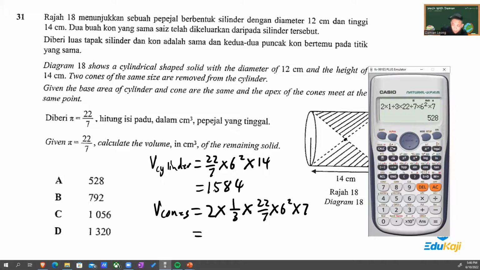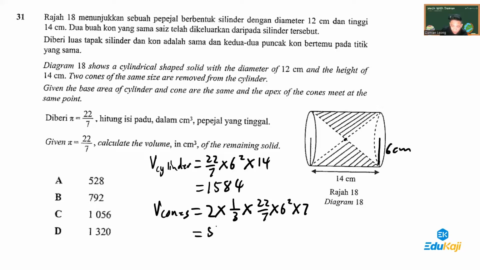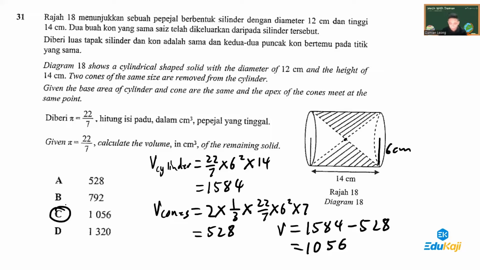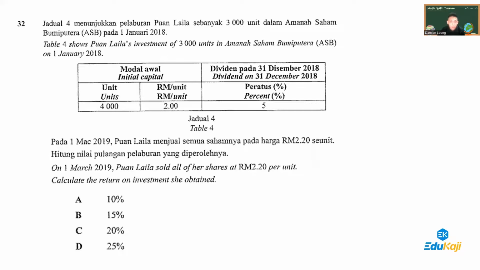Yeah. So 528. So means volume of the remaining solid, 1584 minus 528. So it's 1056. Answer C. That's question 31.